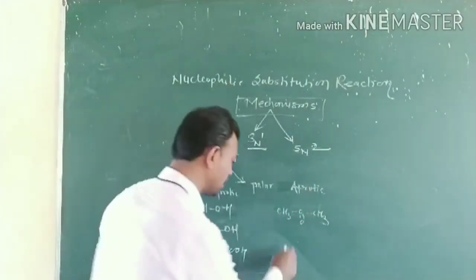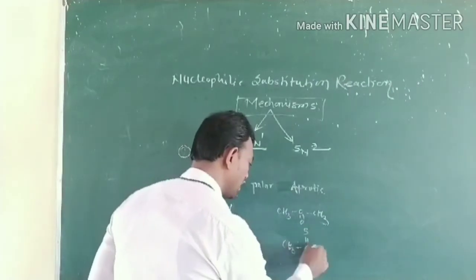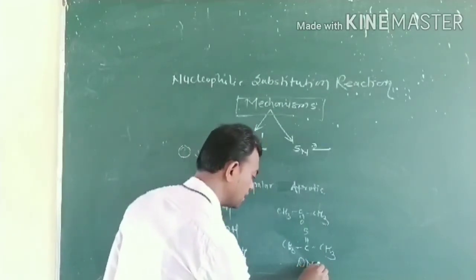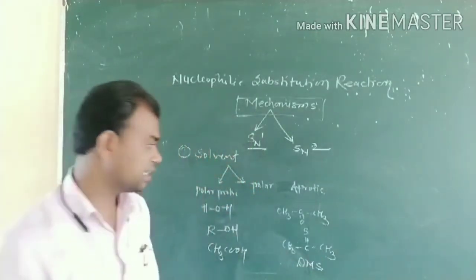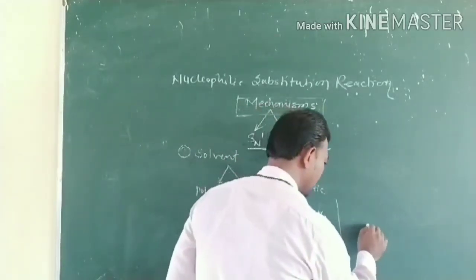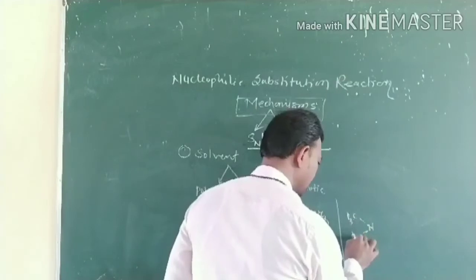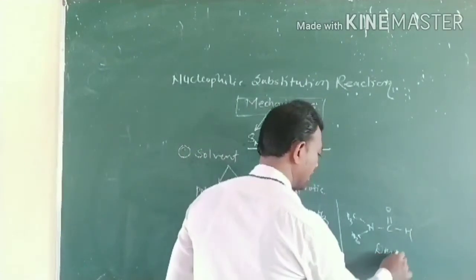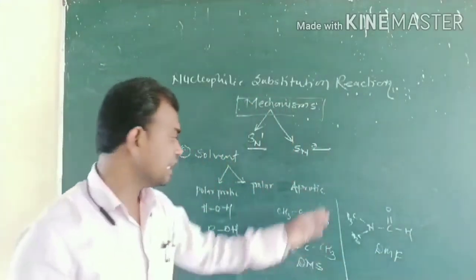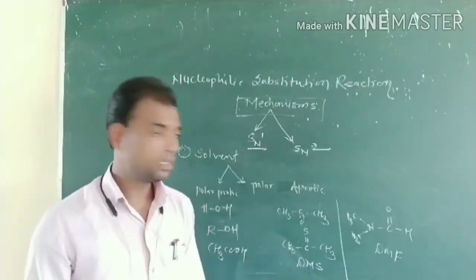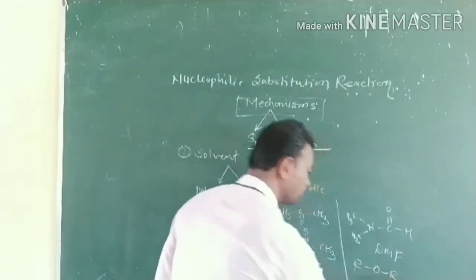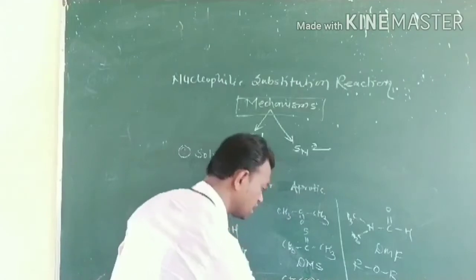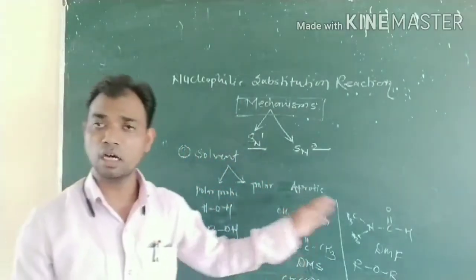By replacing the CH3 with C double bond S, that is dimethyl sulfoxide, DMSO, or dimethyl formamide, DMF. It may also be ether, or you can also use an ester. All of these are examples of polar aprotic solvents.